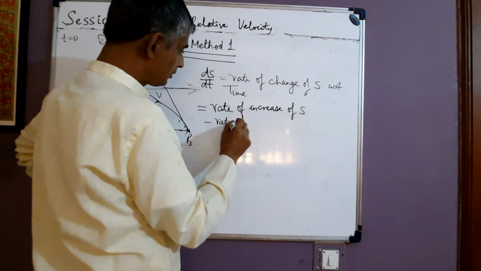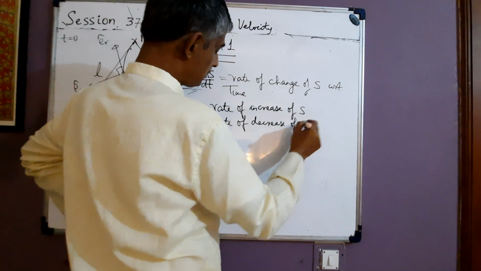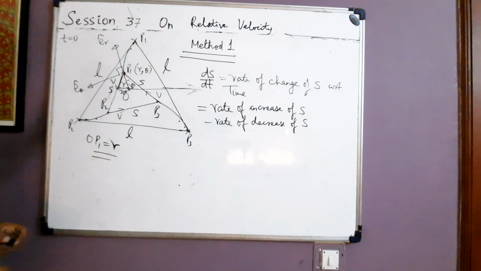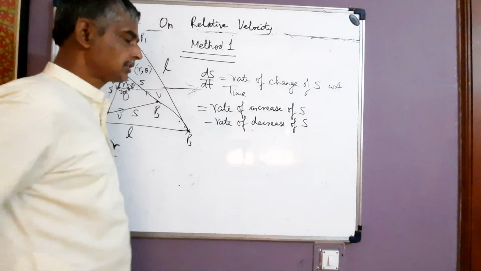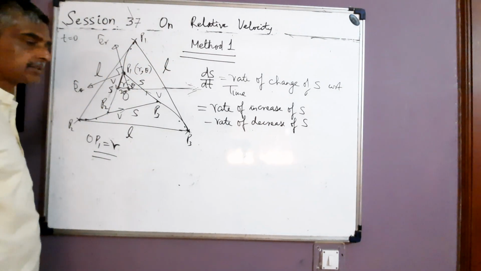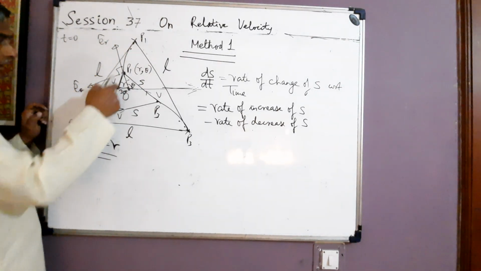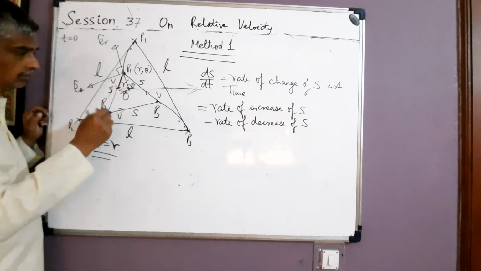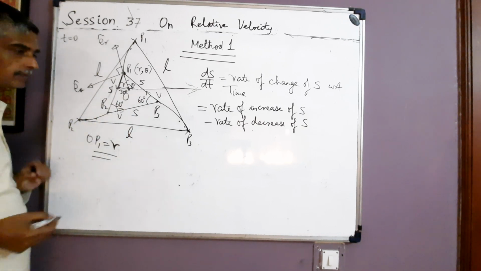This triangle is an equilateral triangle as I mentioned just now. This angle is 60 degrees. This is also 60 degrees.